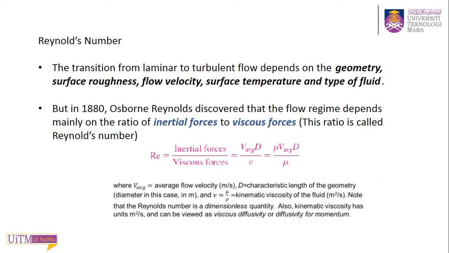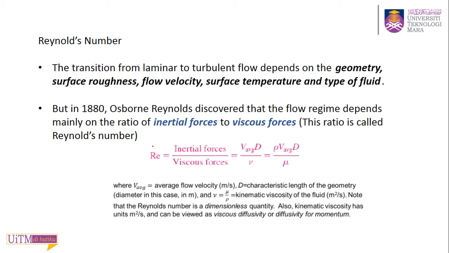So he found that the main factor is the inertial force and the viscous force. That's why he introduced this equation to calculate the Reynolds number: the inertial force divided by the viscous force.